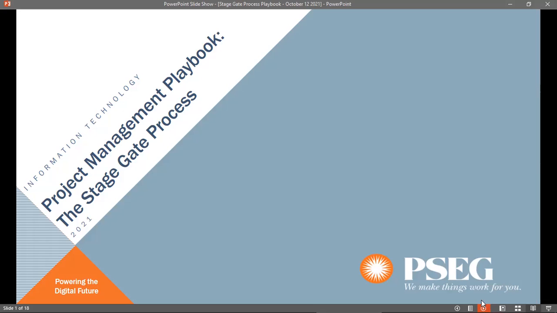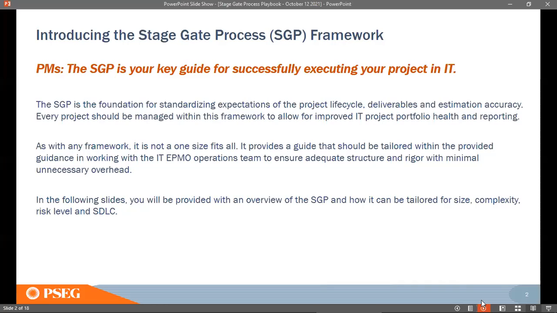I'm going to talk about all these things, and how, instead of getting overwhelmed, you can adopt them and stick to one particular thing. The stage gate process is the key guide for successfully executing your project in IT. It is a one-stop process: you look at it, and you will know what to do, how to do things, and what templates you have to use.